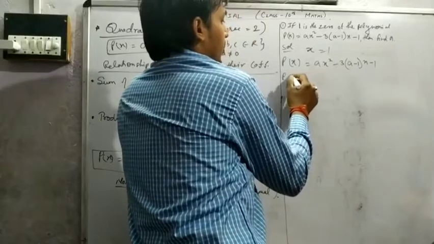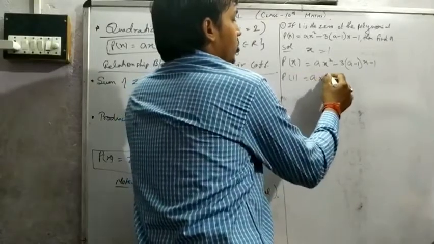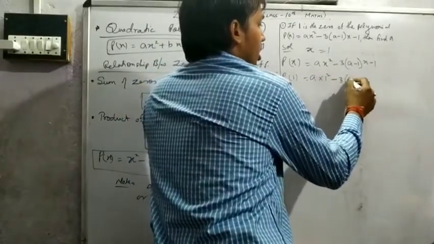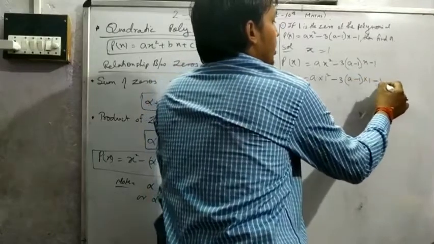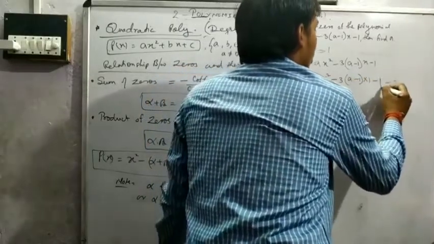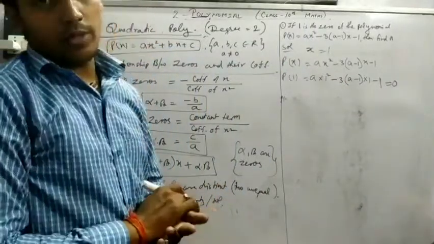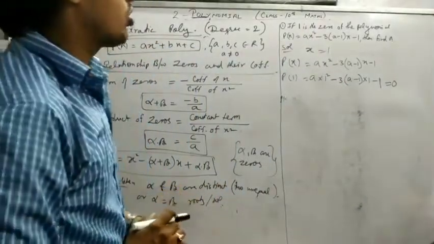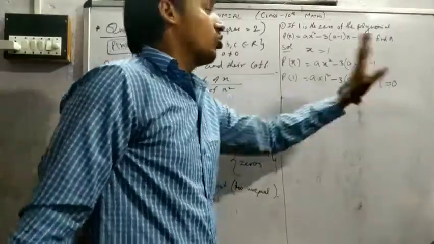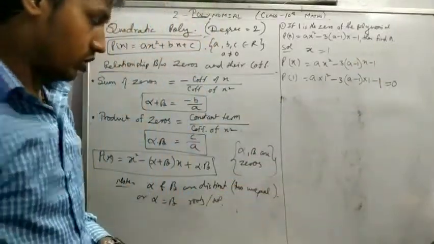Then p of 1: a into 1 square minus 3, a minus 1, into 1 minus 1, and the whole equals 0. Because if it's a zero of the polynomial, that means the polynomial gives value 0.